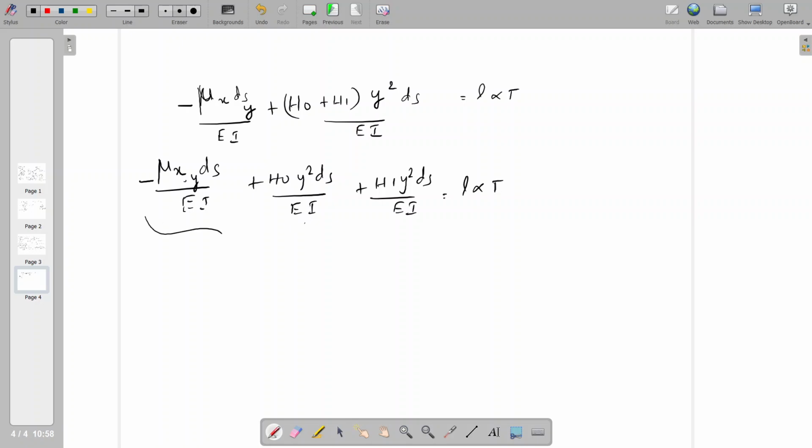If you consider these first two terms, this is the basic definition for the horizontal thrust of a two hinged arch, and we also consider dou U by dou H equal to 0 in that case.